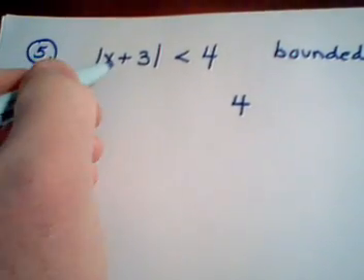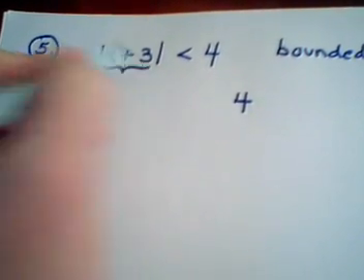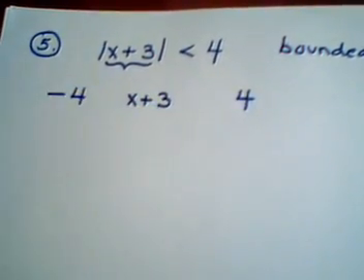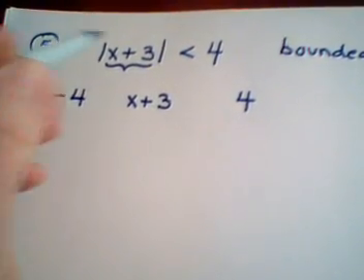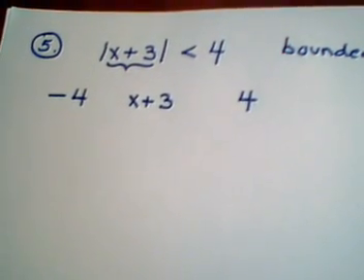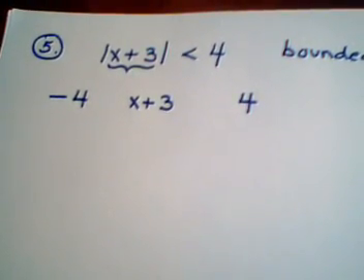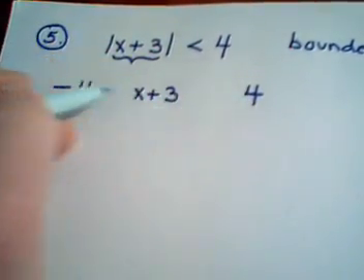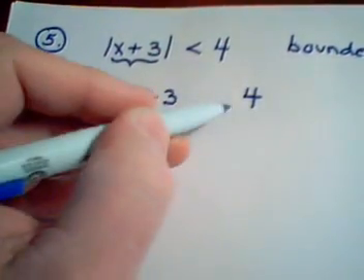And who is sandwiched? This quantity, x plus 3. Okay, no more absolute value bars. When you come down here and you write the sandwich, you don't show the bars anymore. You're kind of releasing this from prison by bounding it between these two numbers.